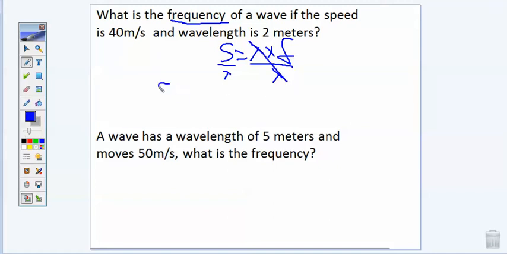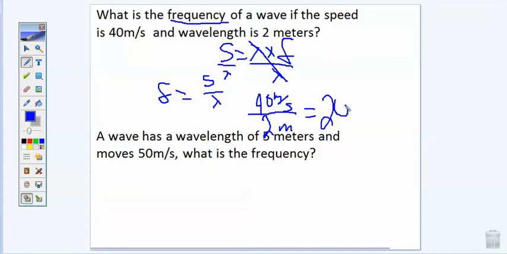So the frequency of our wave is going to be the speed divided by the wavelength. In the problem, the speed of the wave is 40 meters per second and the wavelength is 2 meters. So 2 meters goes in the denominator. 40 divided by 2 is 20.